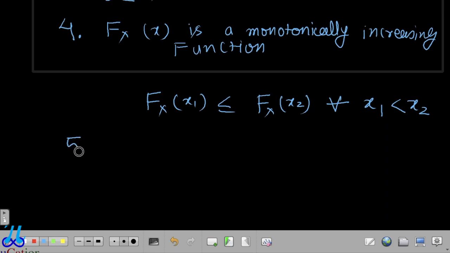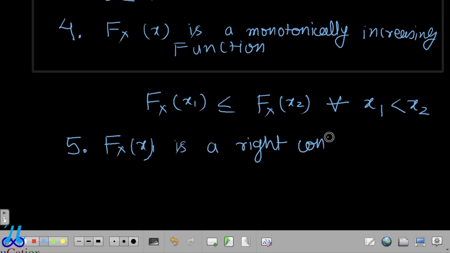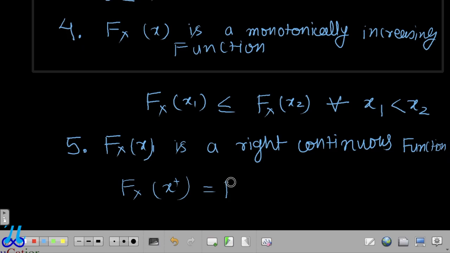Now the fifth property of CDF is that F of x is a right continuous function. What do we mean by that? It means that F of x plus will be equal to F of x, but this value may not be equal to F of x minus.